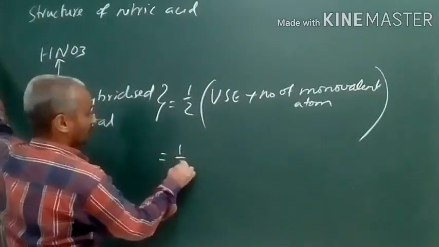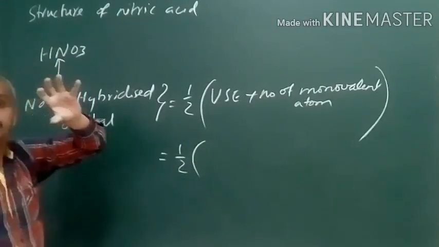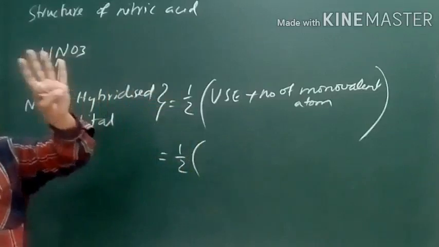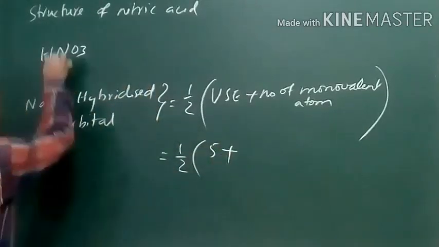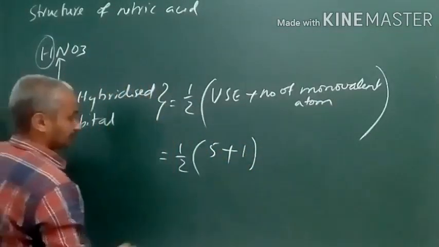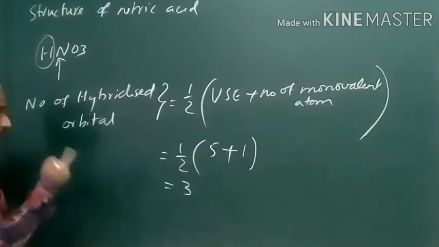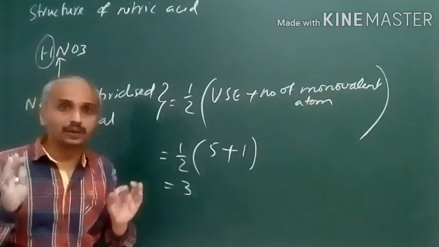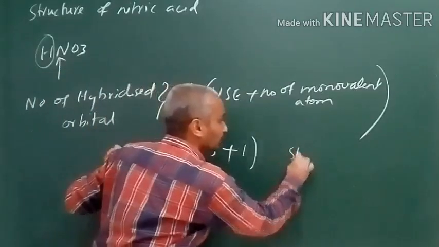So half into, in nitrogen, the valence electrons, 2s2 2p3, means only 5, and monovalent is this hydrogen. Oxygen is divalent, so it is 3. The number of hybridized orbitals is 3, so sp2 hybridization.